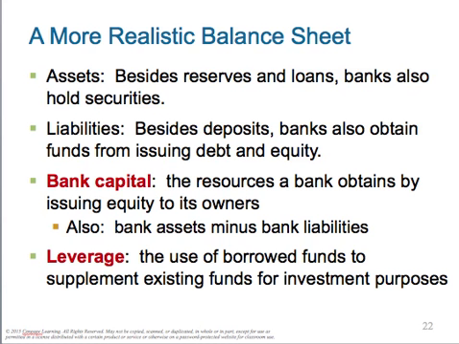So they make some money, obviously, with their assets and their liabilities based on debt and equity. Now, bank capital is the resources that a bank obtains by issuing equity to its own owners. You can also have bank assets minus the bank liabilities. So there may be a balance there. If you have more assets than you have liabilities, that goes in the bank capital category.